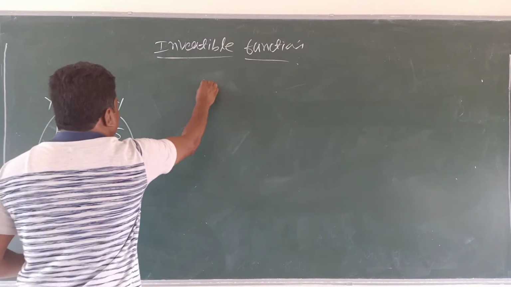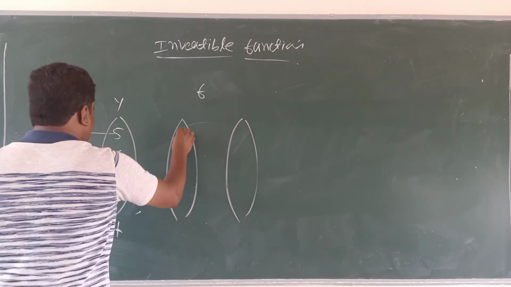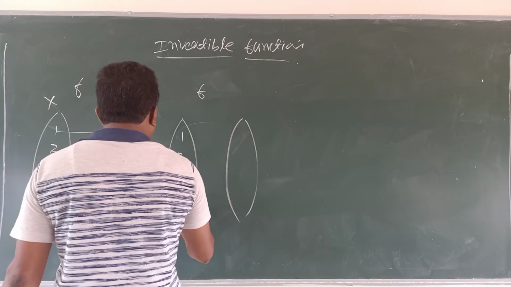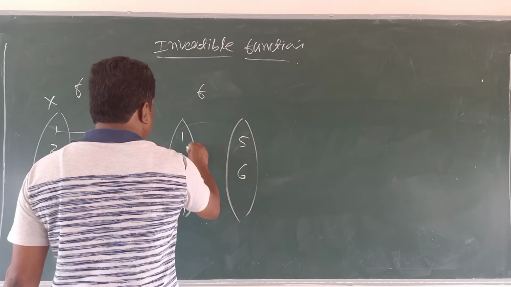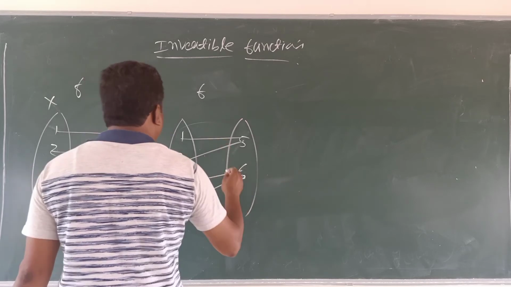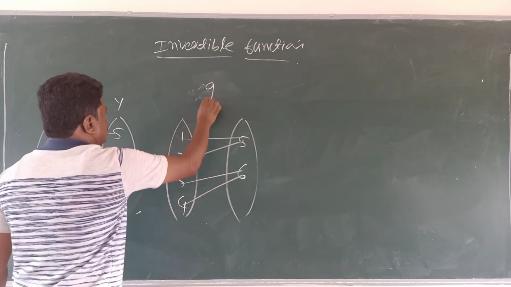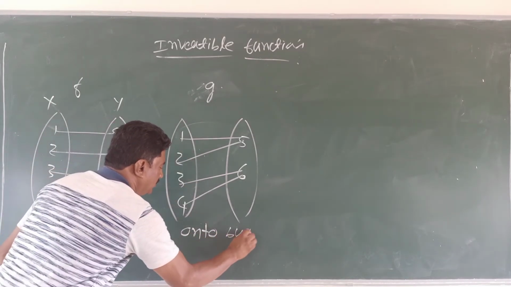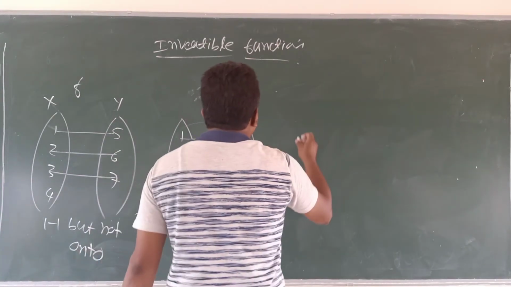I take one more function, G, with elements 1, 2, 3, 4 and 5, 6. This is onto but not 1-1. I am taking one more function, H.